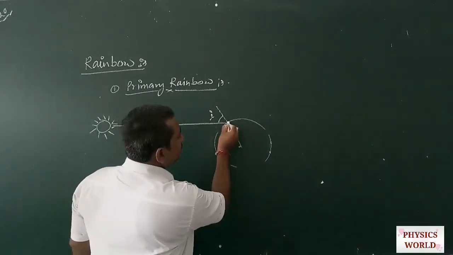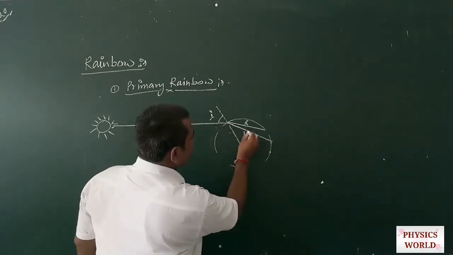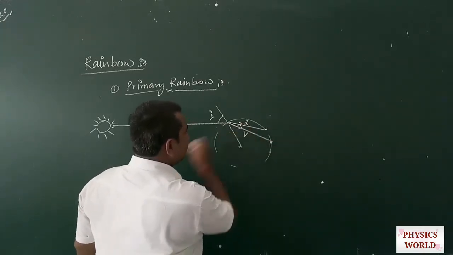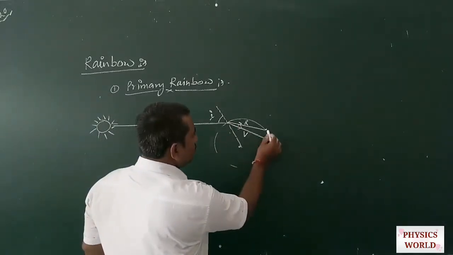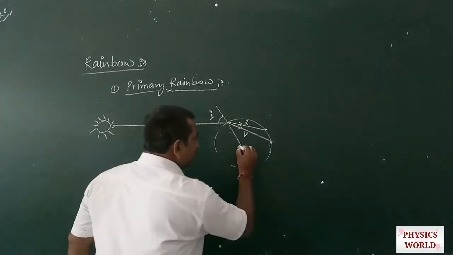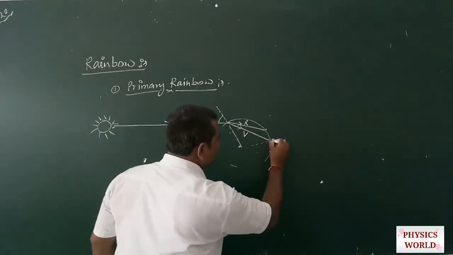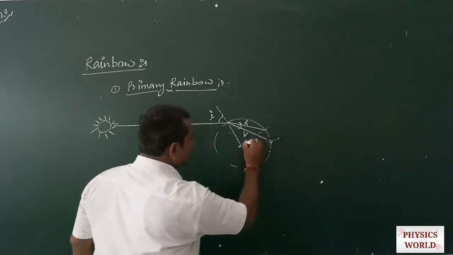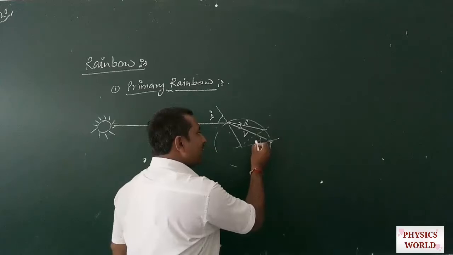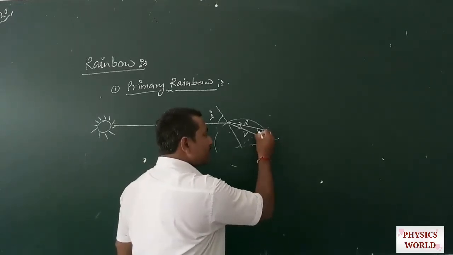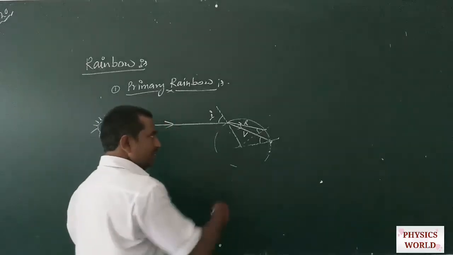So after refraction, suppose that red light goes here and violet goes here, then these two are the refracted light rays, and 5 more colors lie between these two. If we draw the perpendiculars or normals for these 2 points of incidence, then this angle is treated as the angle of incidence for the denser medium, and this one is the angle of incidence for this red color light in the denser medium.